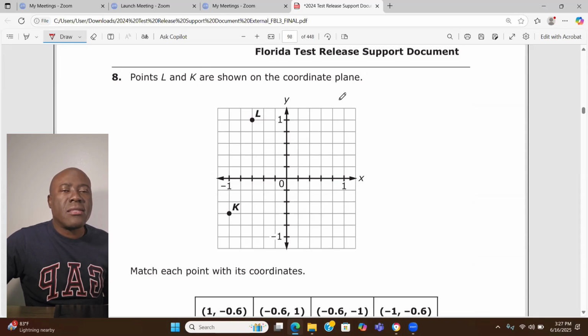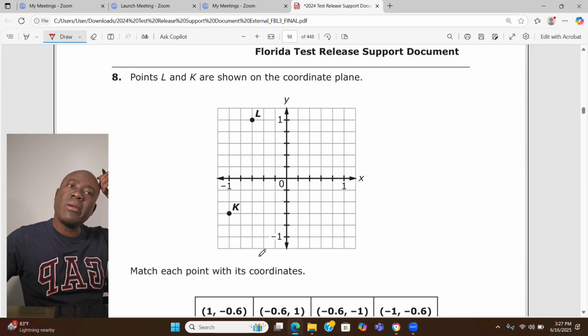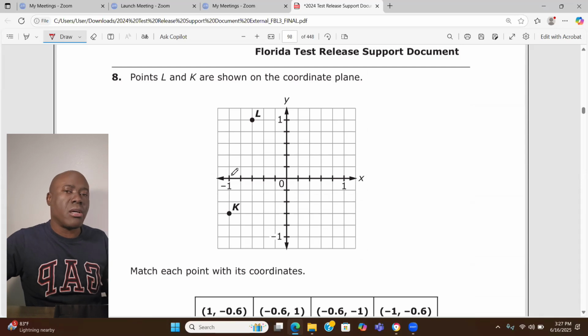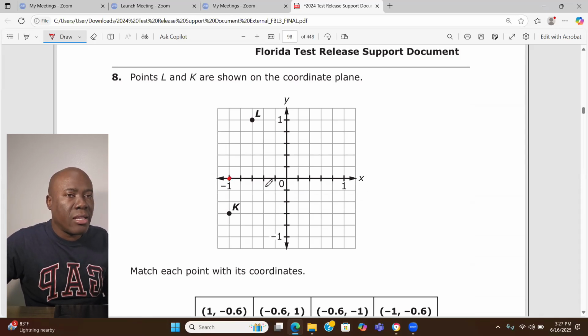All right, number 8. Number 8 says points L and K are shown on the coordinate plane. We're looking at L, we're looking at K. It says match each point. Basically, I'm going to write what these points are, and then I'm going to be looking for them. Based on the scale, since this is -1 and it's in 5 equal pieces, I'd suggest that this is 0.2, this is 0.4, this is 0.6, and this right here is 0.8.